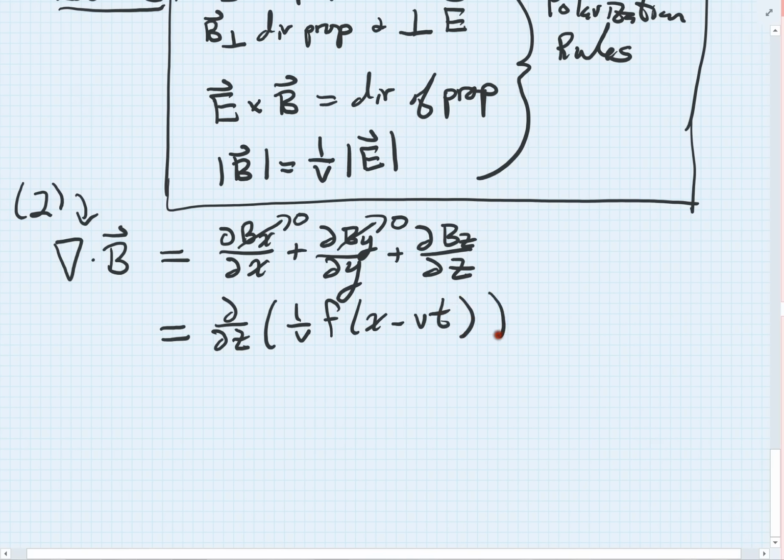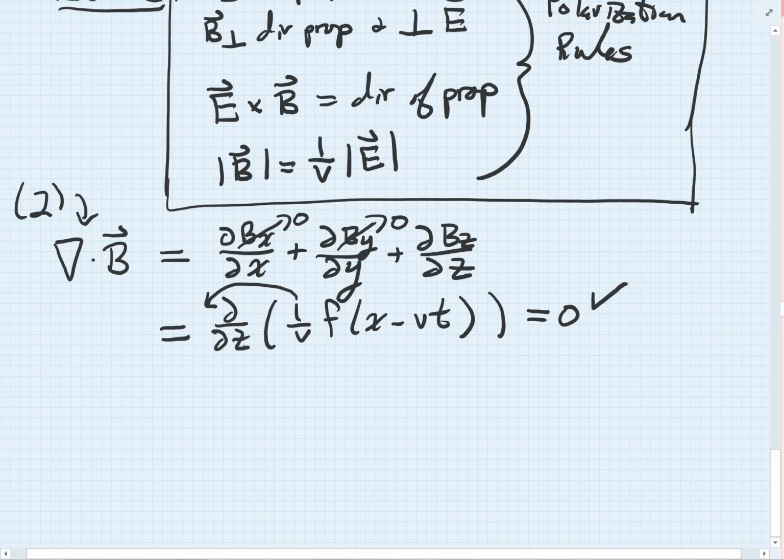Now, 1 over v, of course, is just a constant. I can pull that out of the derivative. But the main point is that nothing in here depends upon z. So the partial derivative of this expression with respect to z is, in fact, 0.